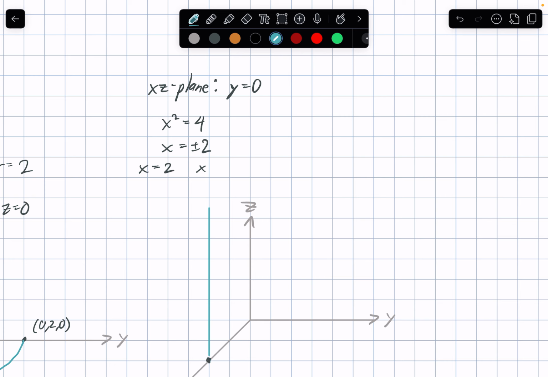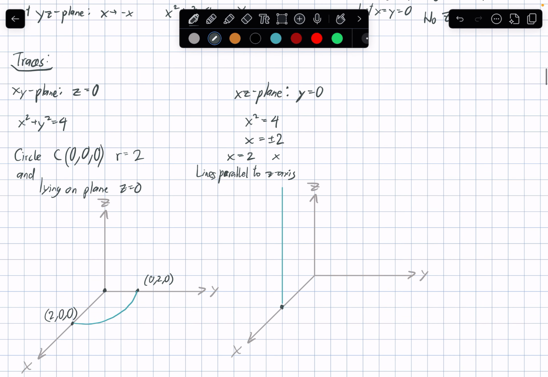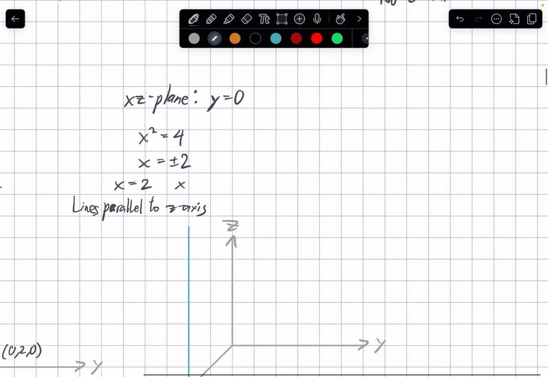And you can say that this line is parallel to the z-axis. That is for the xz plane.